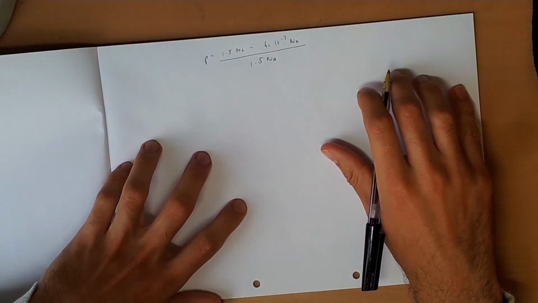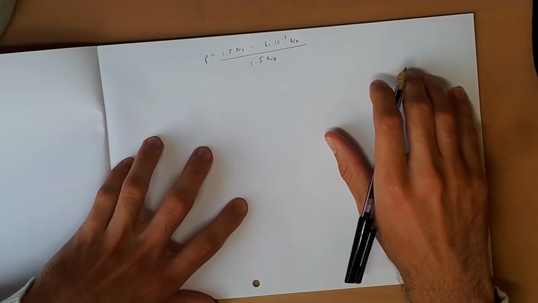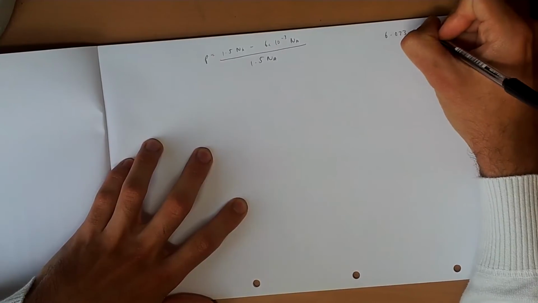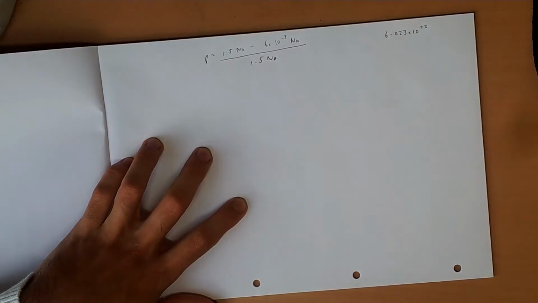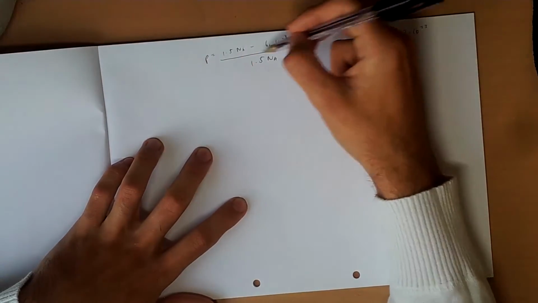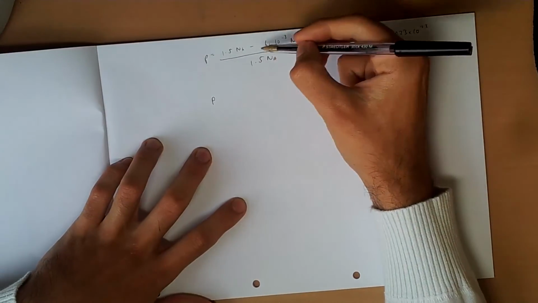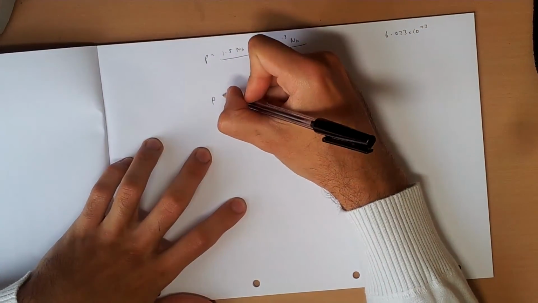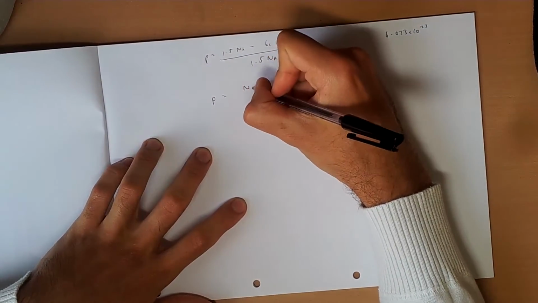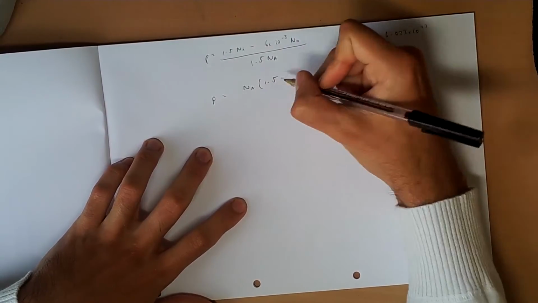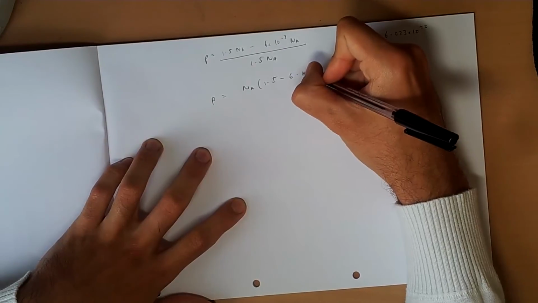What we can do here, instead of just putting in Avogadro's number, which is 6.023 times 10 to the 23, which is obviously, while not difficult, just unnecessary, is factorize this top part. We take Na from both terms, and we get this instead.